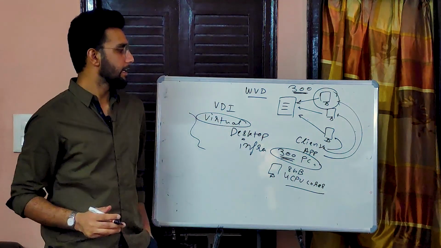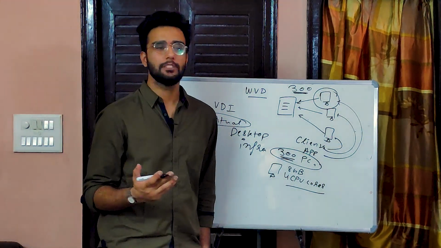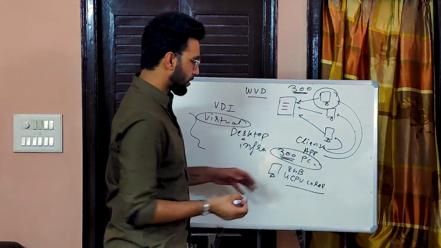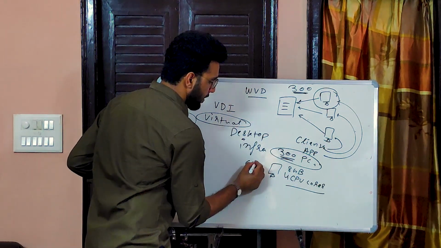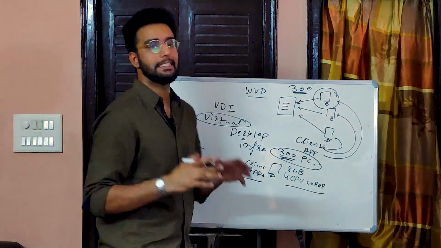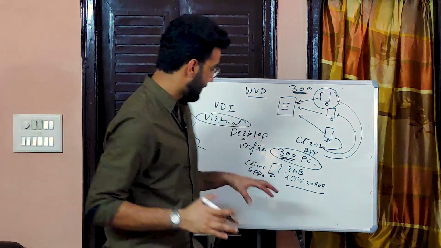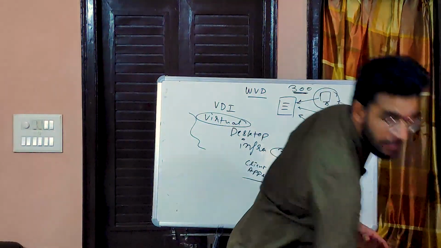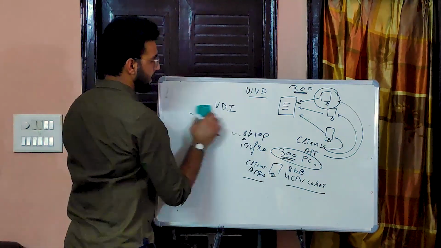Now, is this too much? It could be too much if you're going for too many machines, right? And what does this machine do? It runs some client apps. Now, there are some disadvantages of this kind of system. Let me explain what that is.